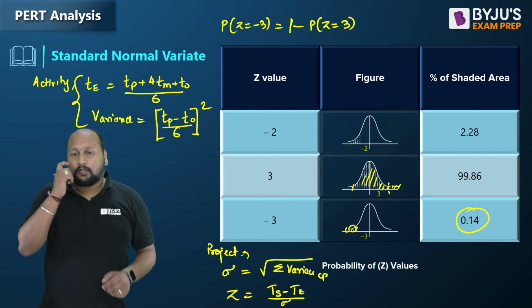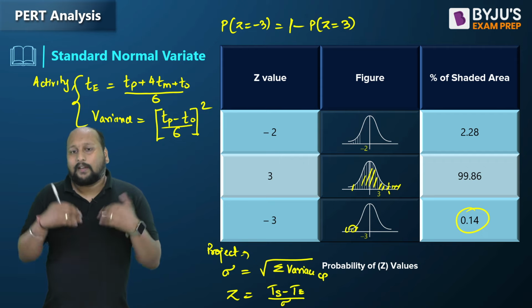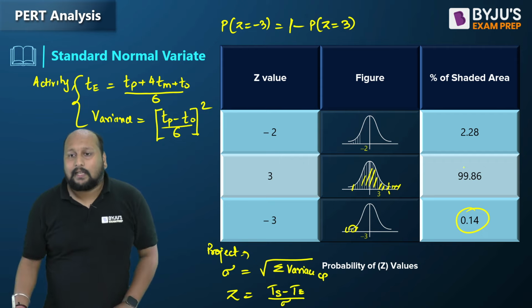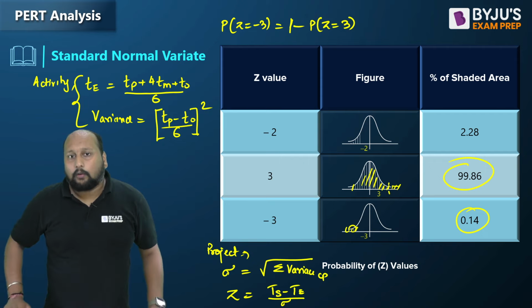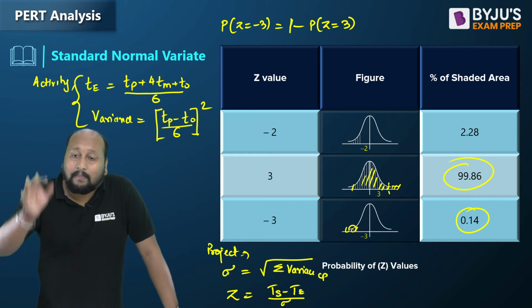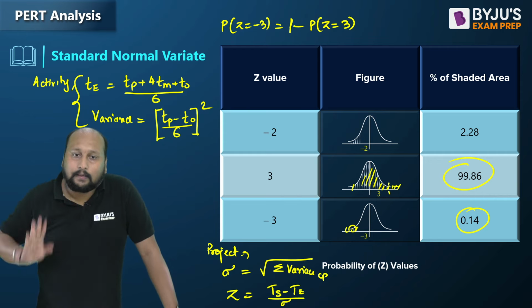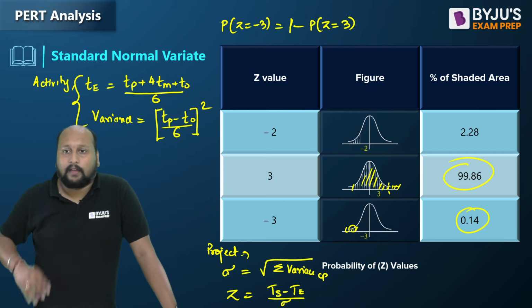By this relation, you can easily calculate the value of the standard normal variate, and once you calculate the value of Z, we can easily calculate the probability. If you get Z equal to 3, that means the probability of completing that project will be 99.86%. That is the significance of the standard normal variate.